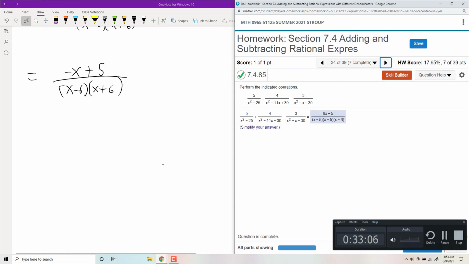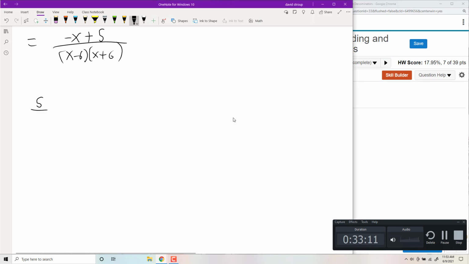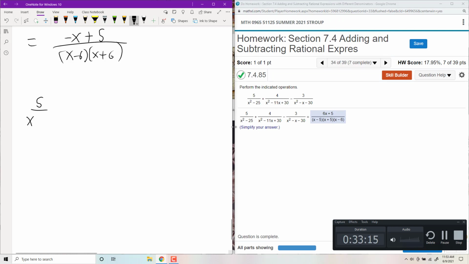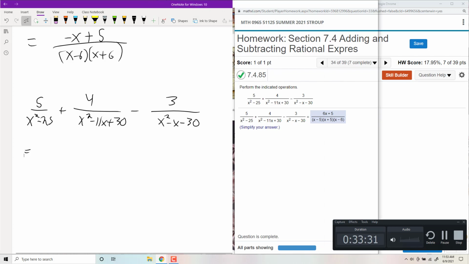Next, this one is kind of brutal as well. Just copying it down first. Factor the denominators. That first denominator is a difference of squares.